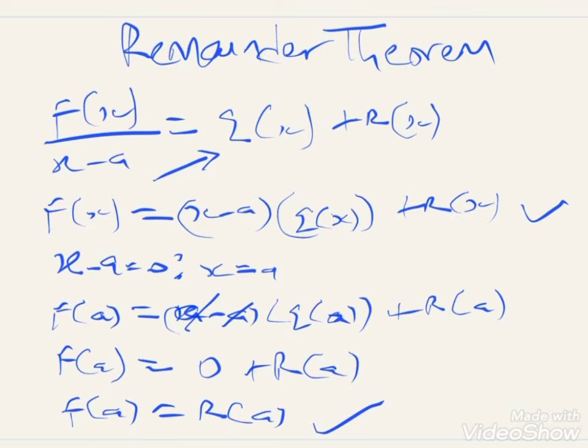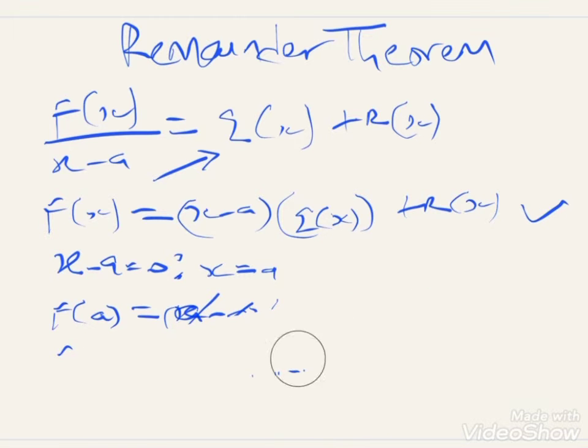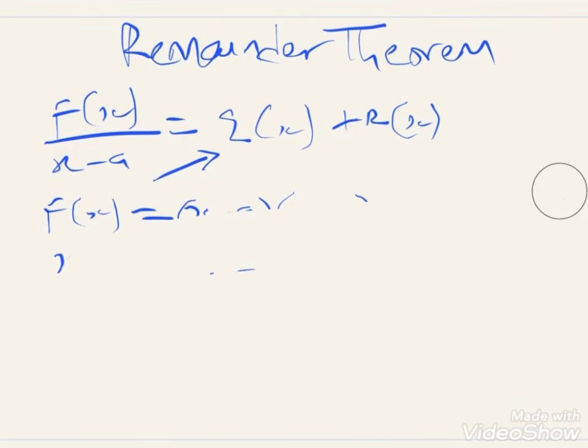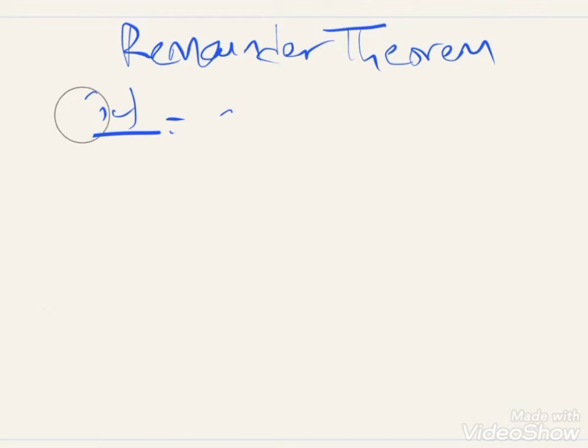For clarity, let us use an example. The example I am using here is the same example I used when treating the synthetic division method. Suppose we have x cubed minus 7x minus 6 to be divided by x minus 4.